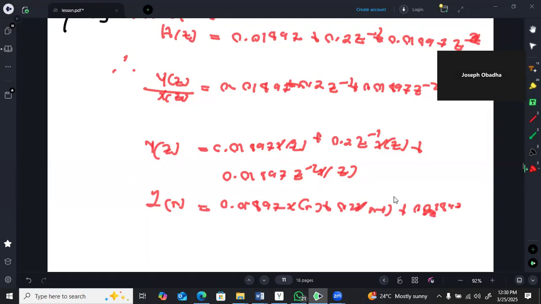And this will be the filter response in the time domain.